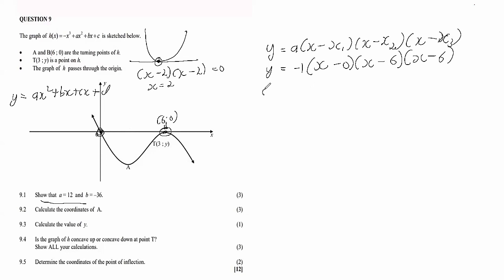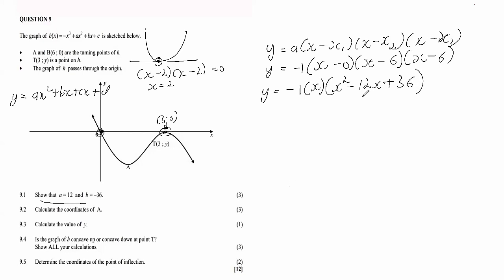Okay, so now to calculate, we will have the -1, then x minus 0 is just x. And then if we multiply these, that's x squared. So x multiplied by -6, that's -6x. But again, -6 times x, that's -6x. So if we add them together, that's -12x. Now, -6 times -6, that's positive 36.